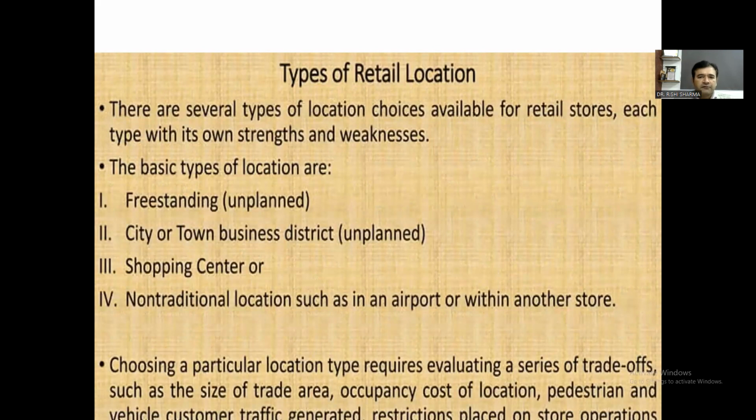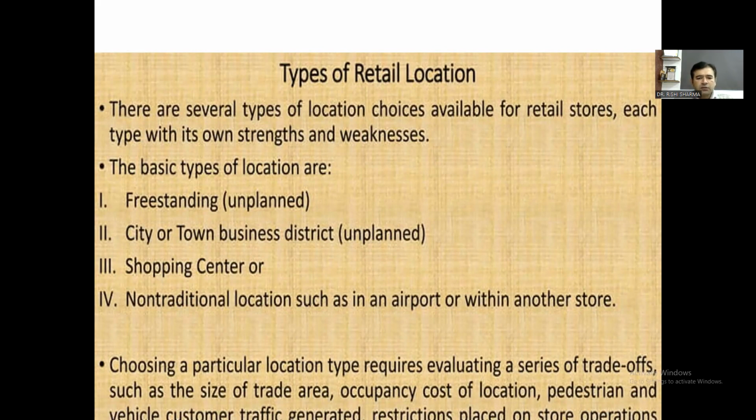Going forward, we will be covering the types of retail locations. There are several types of location choices available for retail stores, each with its own strengths and weaknesses. The basic types of location from which retailers can choose are freestanding, also called unplanned; city or town business district, also unplanned; shopping center; and non-traditional locations such as an airport or within another store.